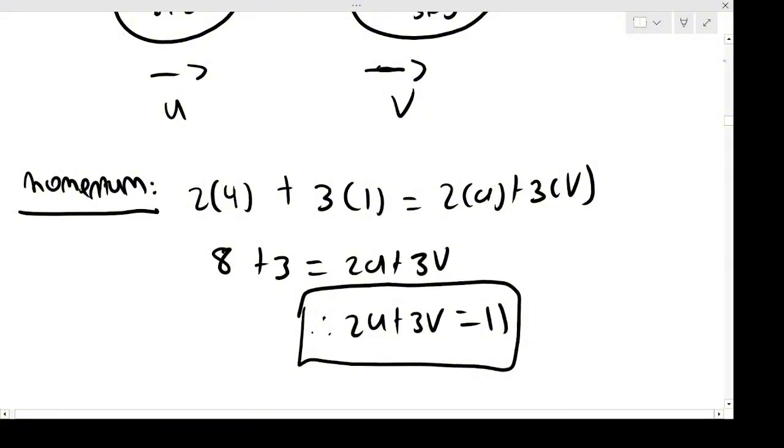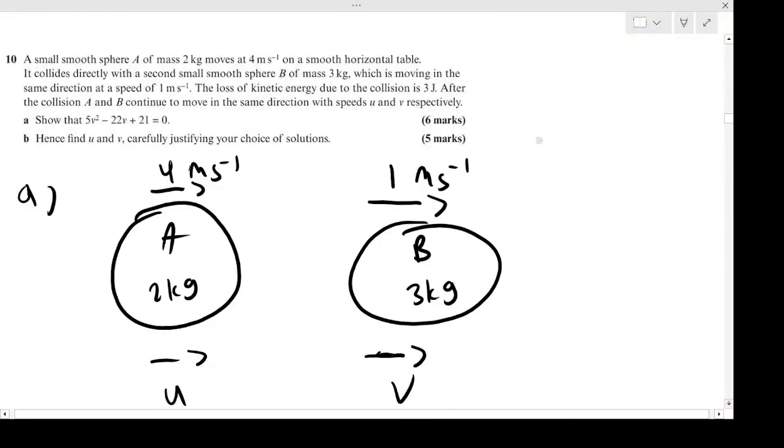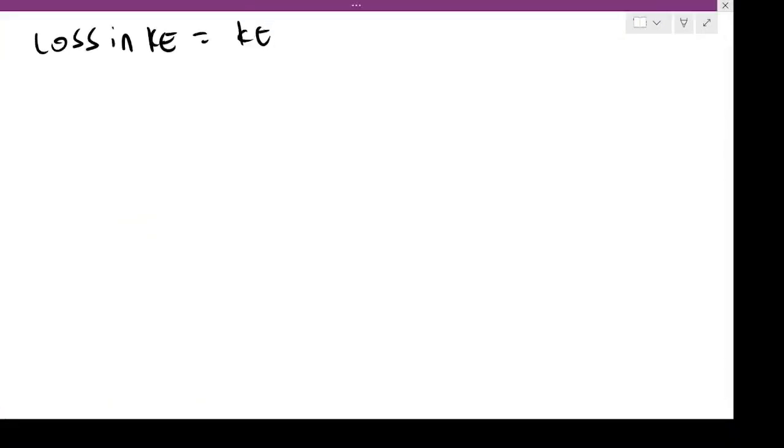Now I could apply restitution. But what I am also told in this particular question is information about the loss in kinetic energy. I'm told that the loss in kinetic energy is 3. So what I could also do in this scenario is consider the loss in kinetic energy. And remember, the formula for this is kinetic energy before take away kinetic energy after.